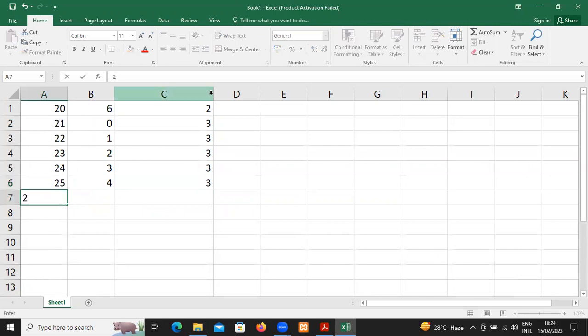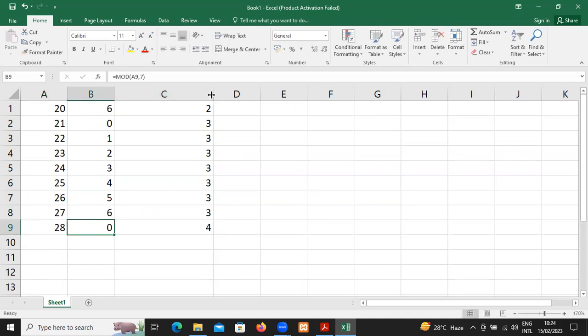Right? 26, 27, and 28. With 28, I would get 0 and 4 for the remainder and quotient. Mod and quotient would return 0 and 4 because there is zero remainder when we divide 28 by 7. 4 sevens are 28 and the quotient would become 4.